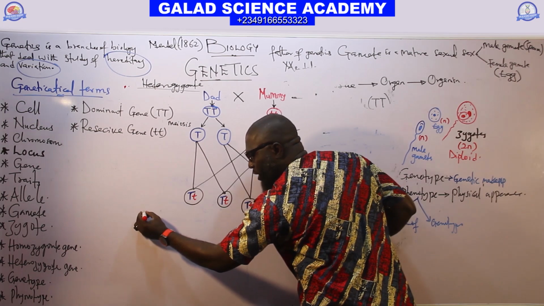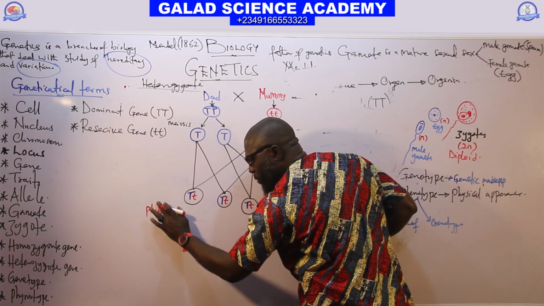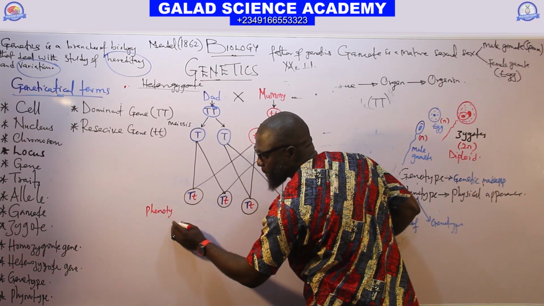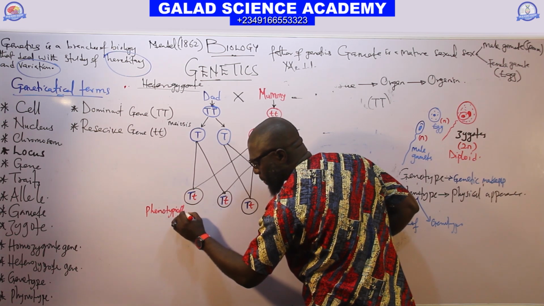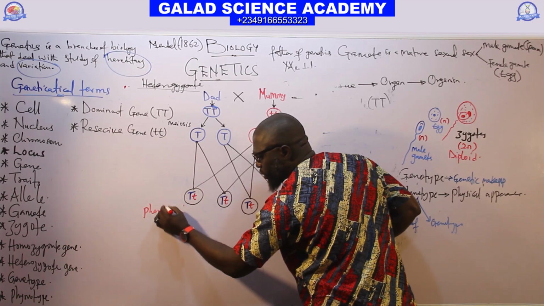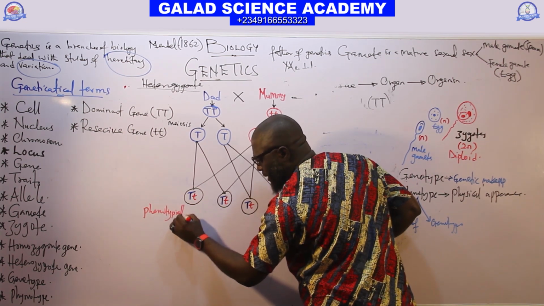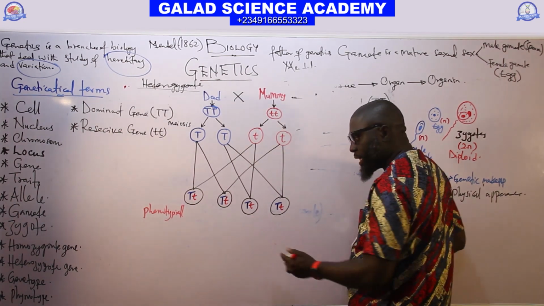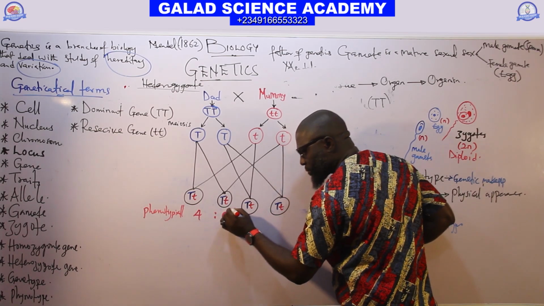Phenotypically, or let me say the phenotypic ratio, the ratio of people that are tall here will be 4:0.